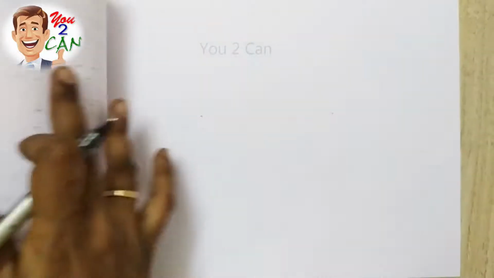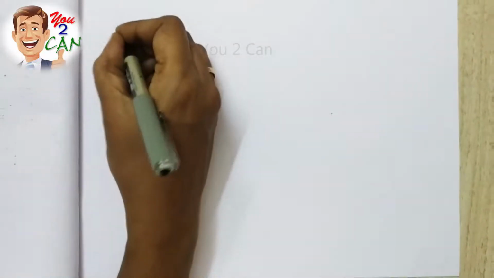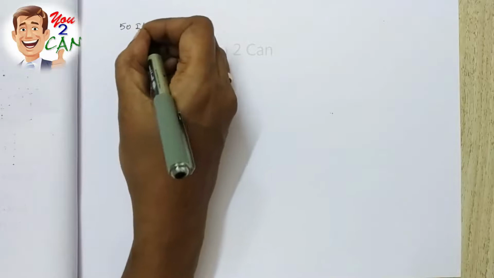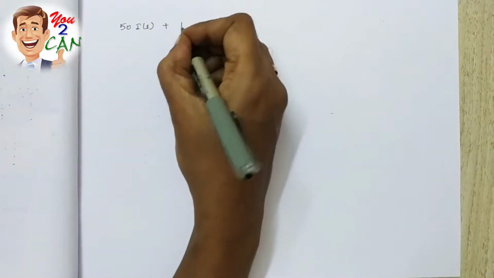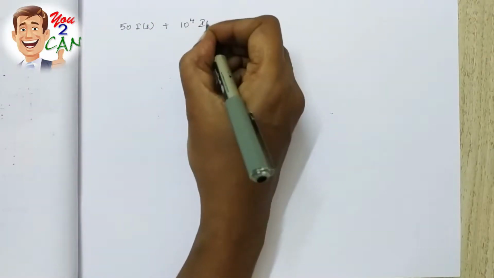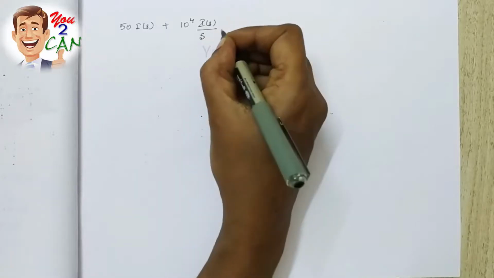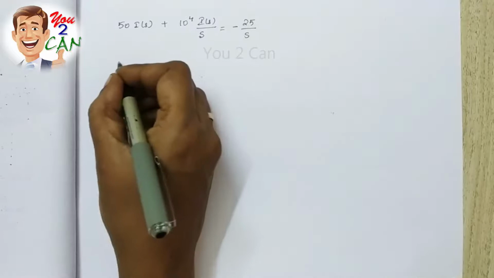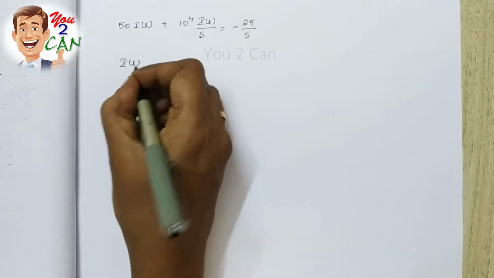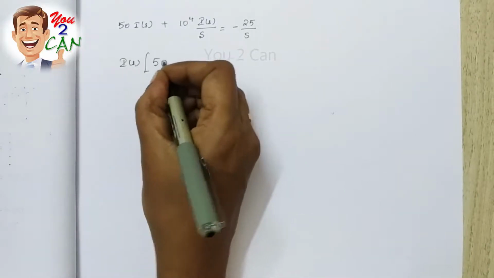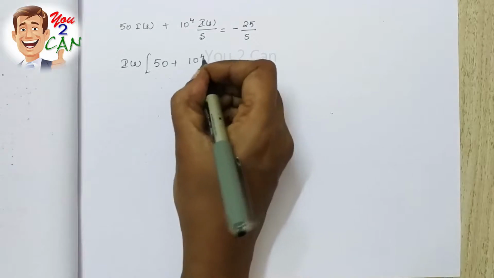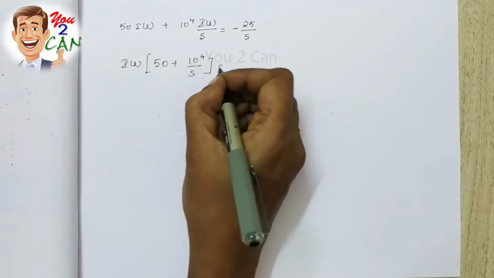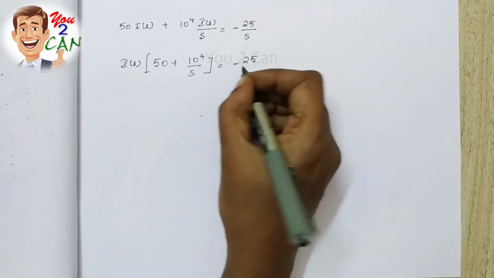After applying Laplace, it will become 50 I of s plus 10 power 4 I of s by s equal to minus 25 by s. So I of s is taken outside: 50 plus 10 power 4 by s equals minus 25 by s.